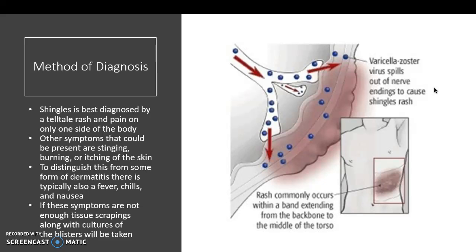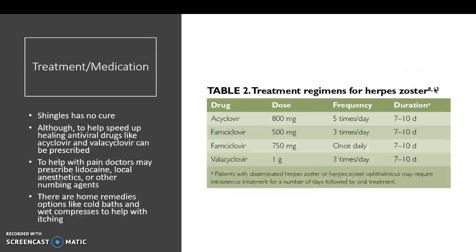If these other symptoms are not present, then the doctor may take a tissue scraping along with a culture of the blisters and take them to the lab to examine. In the picture, it is showing once again where typically the rash occurs, which is right along the rib cage, and once again it is only on one side of the body.